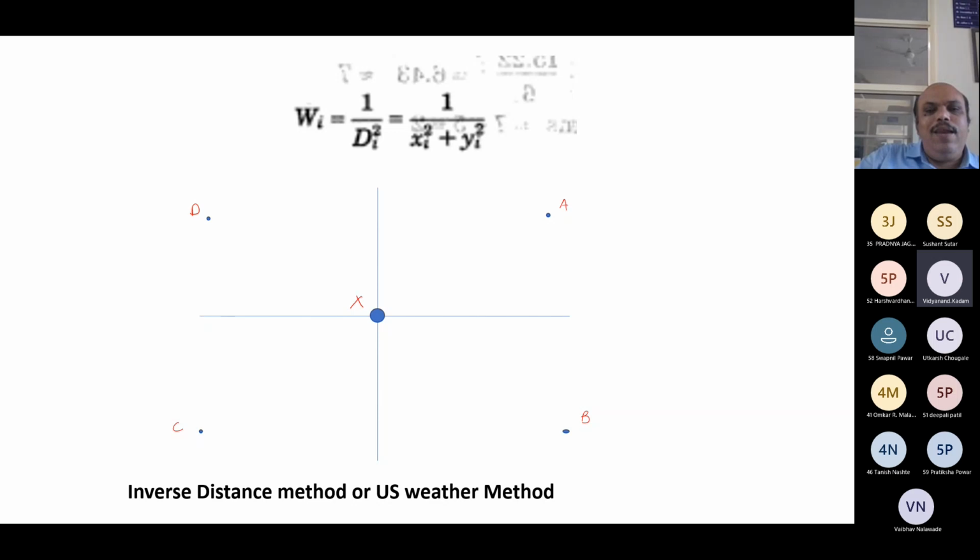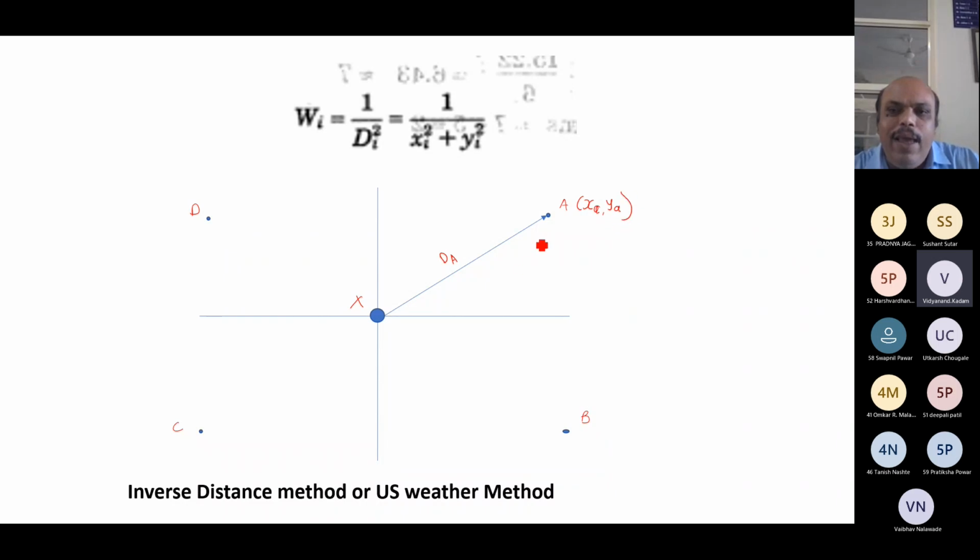Let us consider station A. The distance between station A and X is this particular distance, and this is DA in this case. So how to find DA? Find DA from the coordinates of A, which are XA and YA.